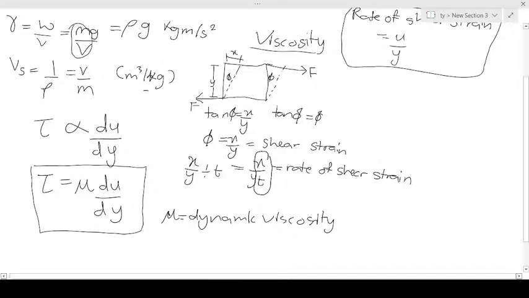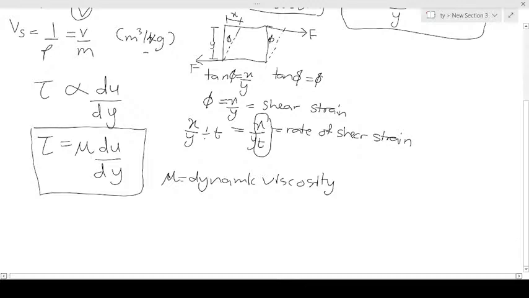And another thing to take note of is that kinematic viscosity is equal to your dynamic viscosity over your density. So this is kinematic viscosity.